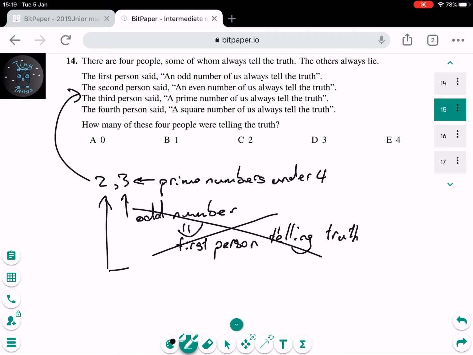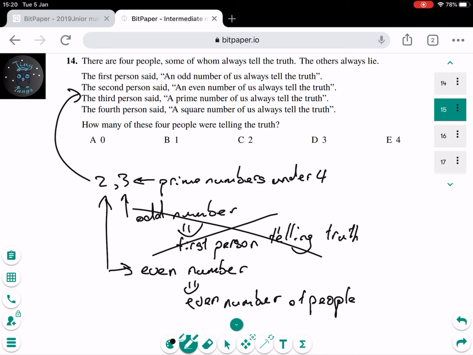So 2 is an even number. So even number of people telling the truth.